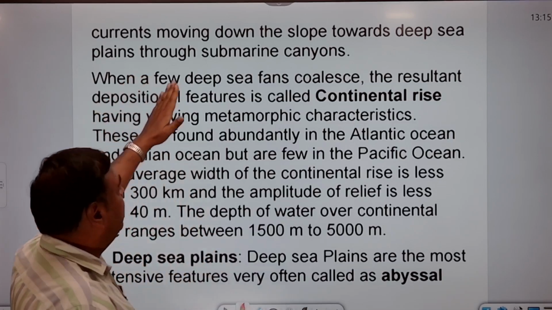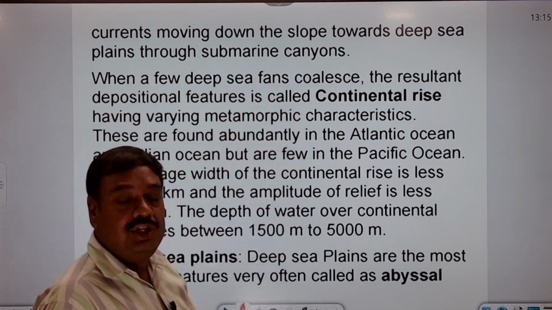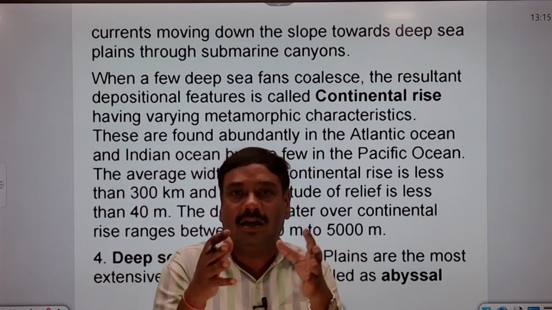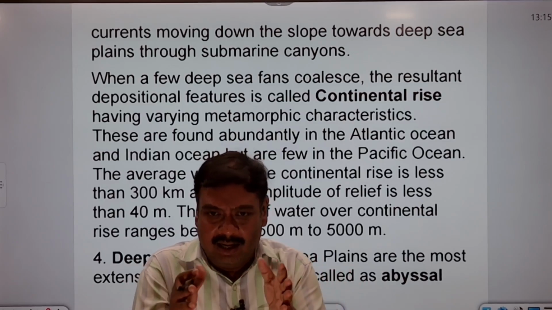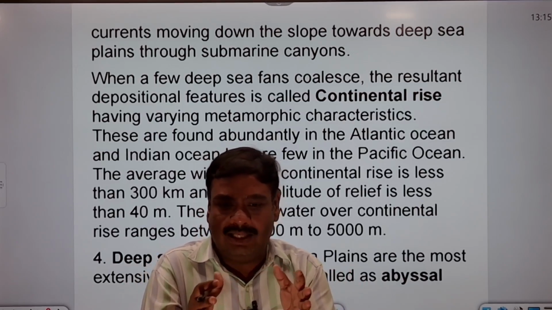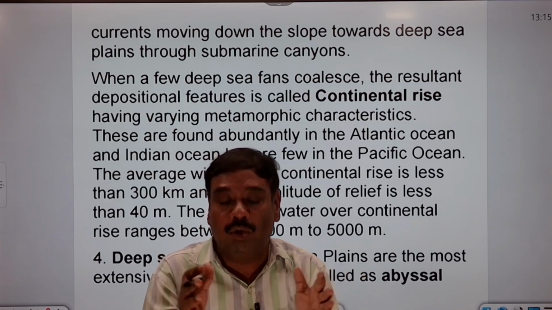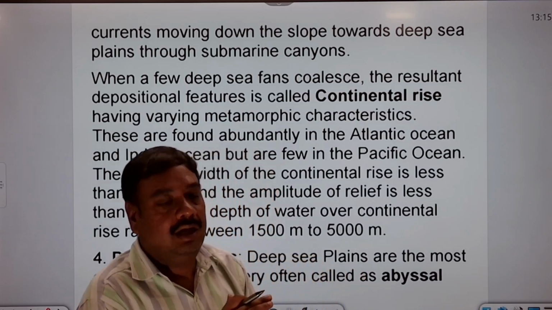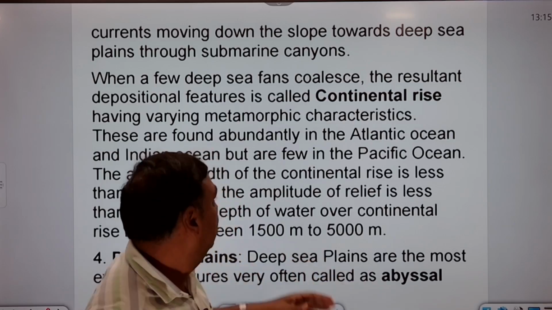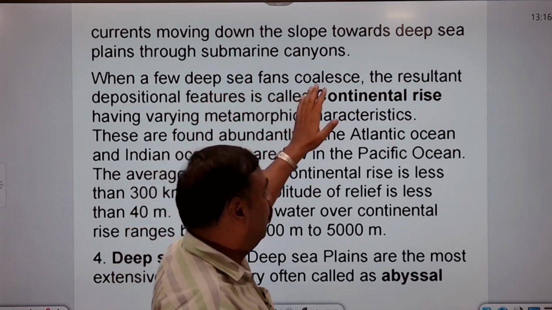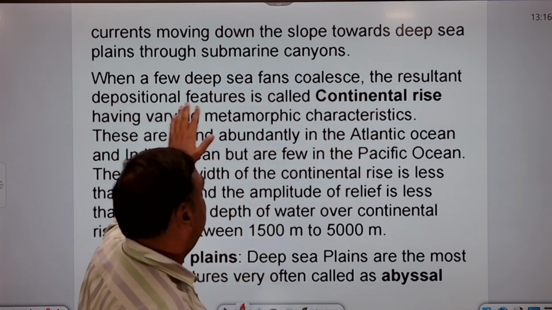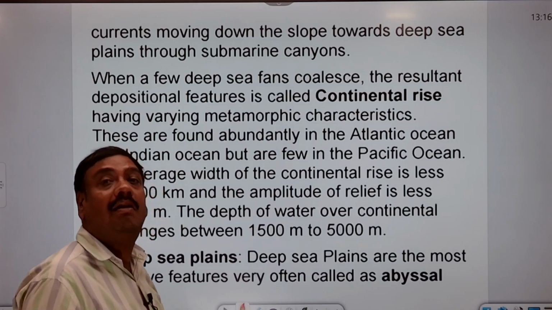When a few deep sea fans coalesce, meaning they get aggregated, they come close to each other, collectively, the resultant depositional feature is called the continental rise.